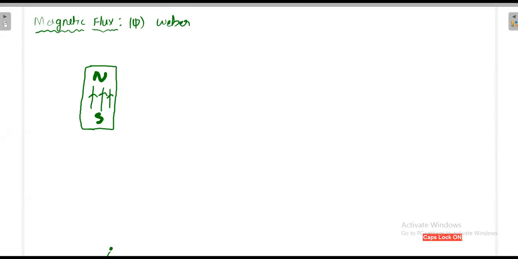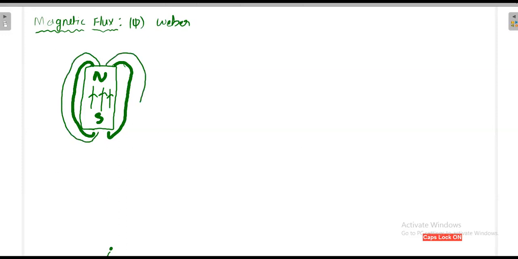Near the magnet, the field strength will be very high. Once you go away from the magnet, the field strength will reduce. So it's something like this.